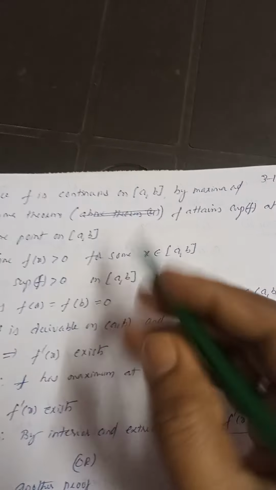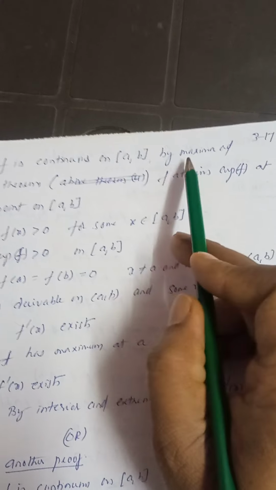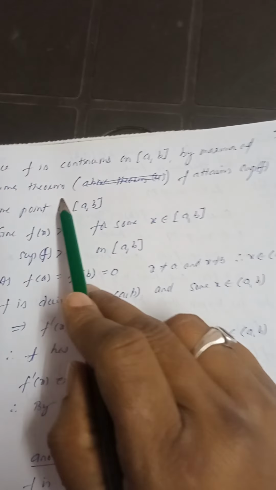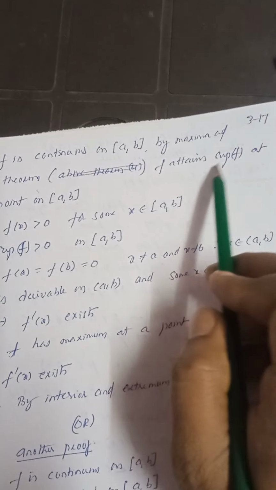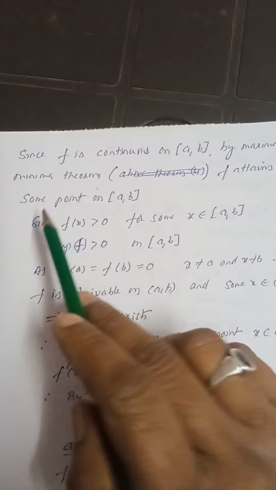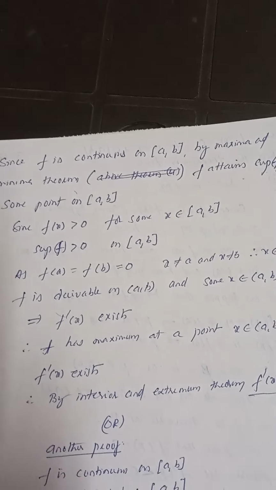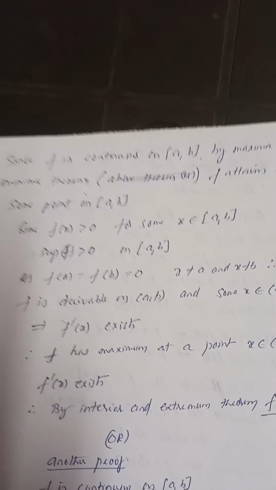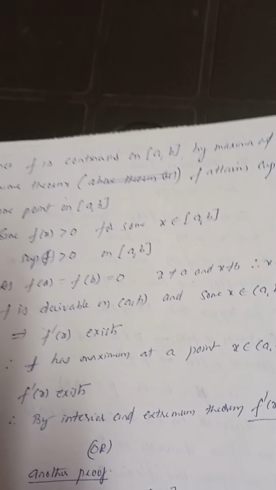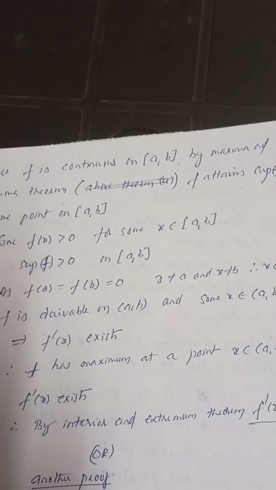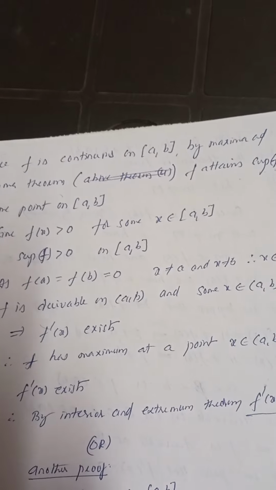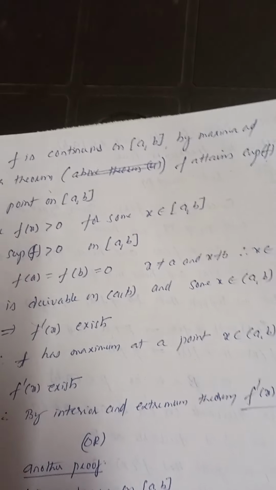Now, since f is continuous on closed interval a comma b, by the maxima and minima theorem, f attains its supremum at some point on closed interval a comma b. Let that supremum of f be denoted by sup f.